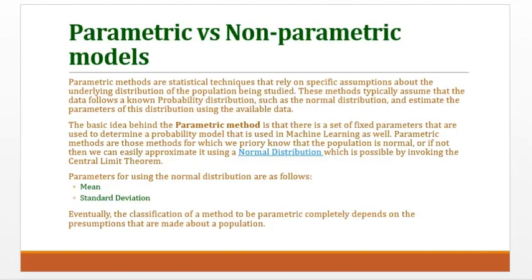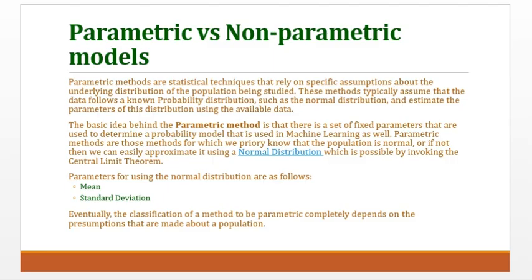Parametric models are the statistical models that rely on specific assumptions about the underlying distribution of the population being studied and summarize the data using a fixed number of parameters. Now, key characteristics of parametric models: it assumes a specific functional form for the underlying distribution or relationship between variables.